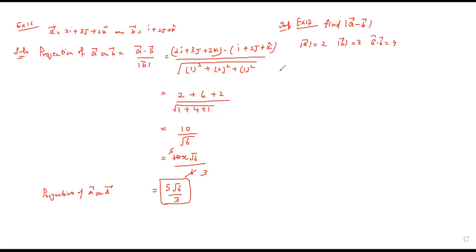Now see, we know that x dot x is equal to magnitude of x whole square, because when the vectors are the same, the angle between them will be 0, so cos 0 is equal to 1. In the same way, A minus B dot A minus B will be magnitude of A minus B square.